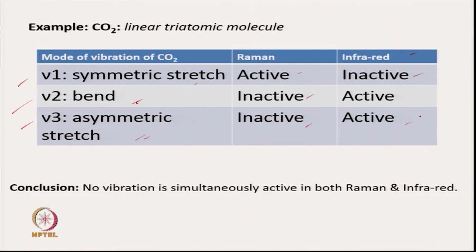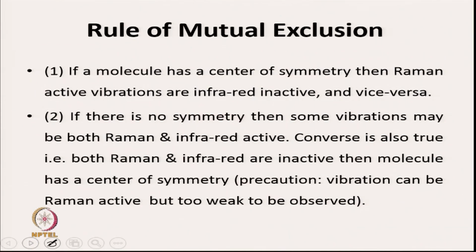So, the conclusion is, no vibration is simultaneously active in both Raman and infrared, and that leads to the well known rule of mutual exclusion, which says that if a molecule has a center of symmetry, then Raman active vibrations are infrared inactive and vice versa. If there is no symmetry, then some vibration may be both Raman and infrared active.